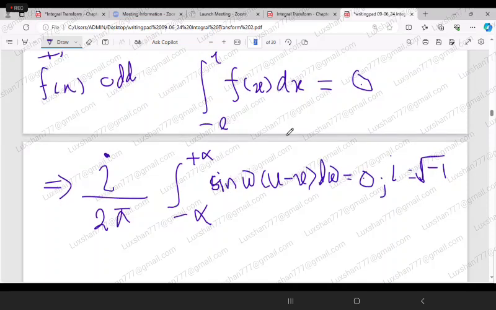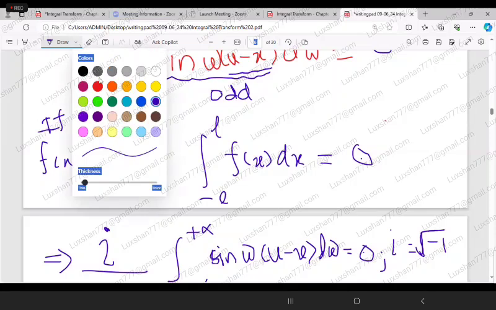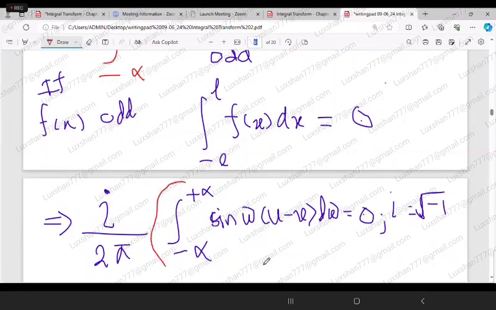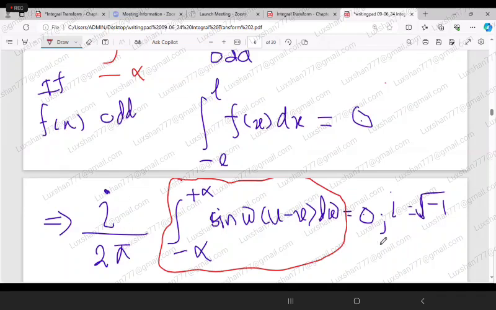Because this is already 0. We know that this part is 0. Since this part is 0, multiplying by i over 2 pi will make no change. Therefore, i times this one is 0.